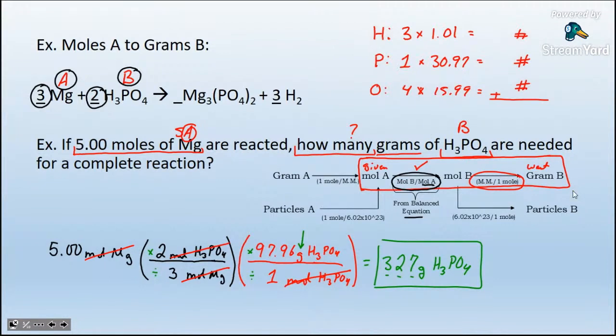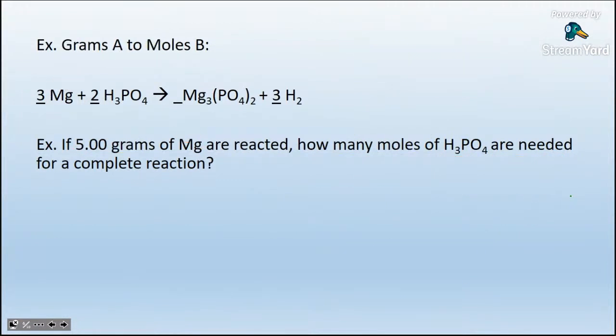So let's look at the next type. Grams of A to moles of B. This is pretty much what we just did, but in reverse. Okay? So let's take a look at it.